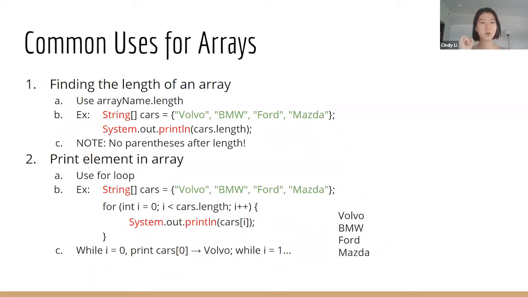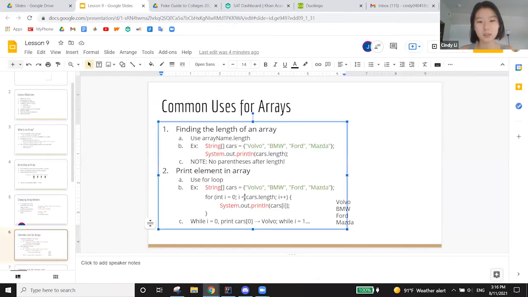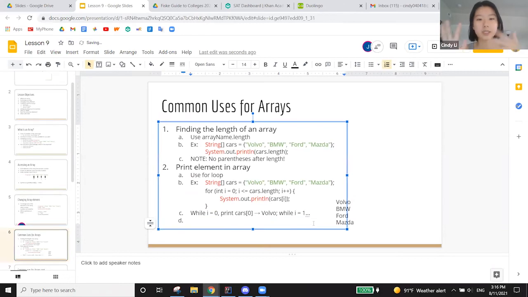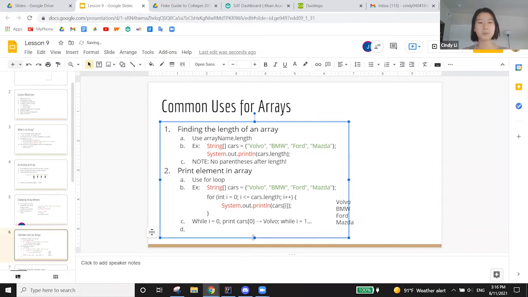If I do it otherwise, it will throw an error because when the last element is printed, it prints out System.out.println cars4, but there is no cars4.